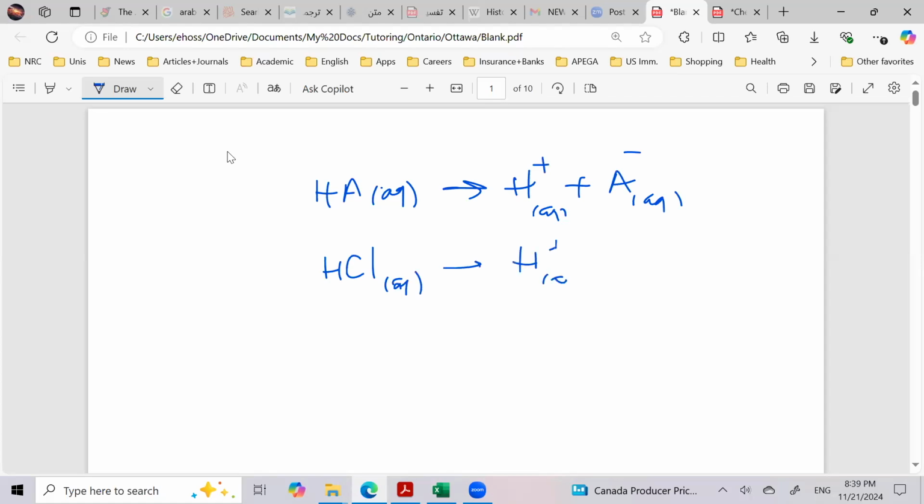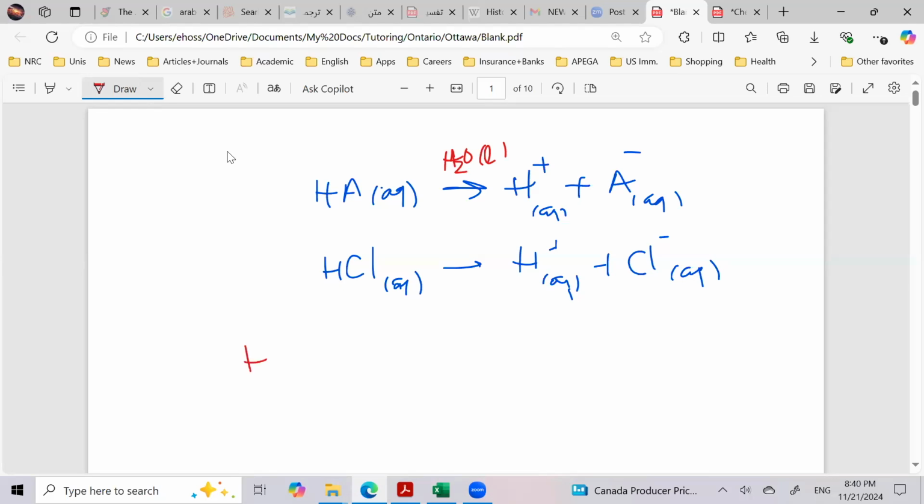So you can say H plus aqueous, Cl minus aqueous. You see? So HCl in water, it dissociates and it releases hydrogen.